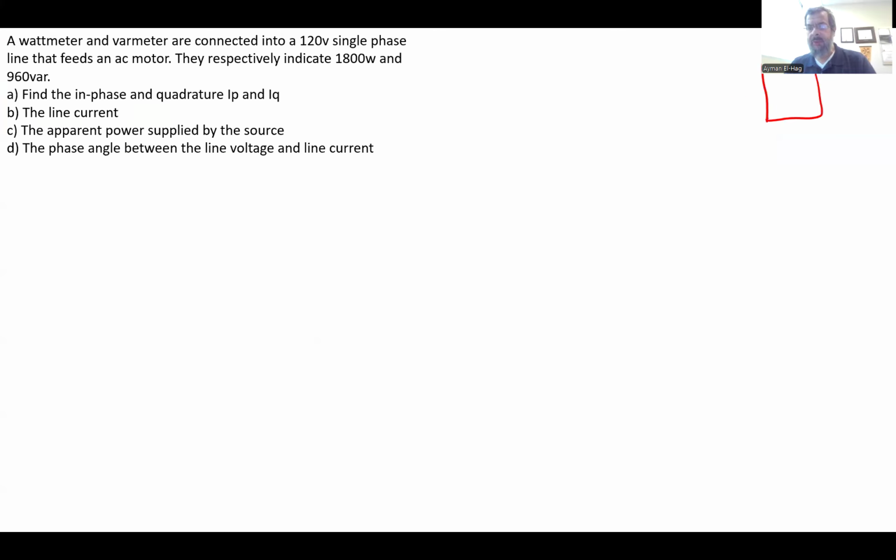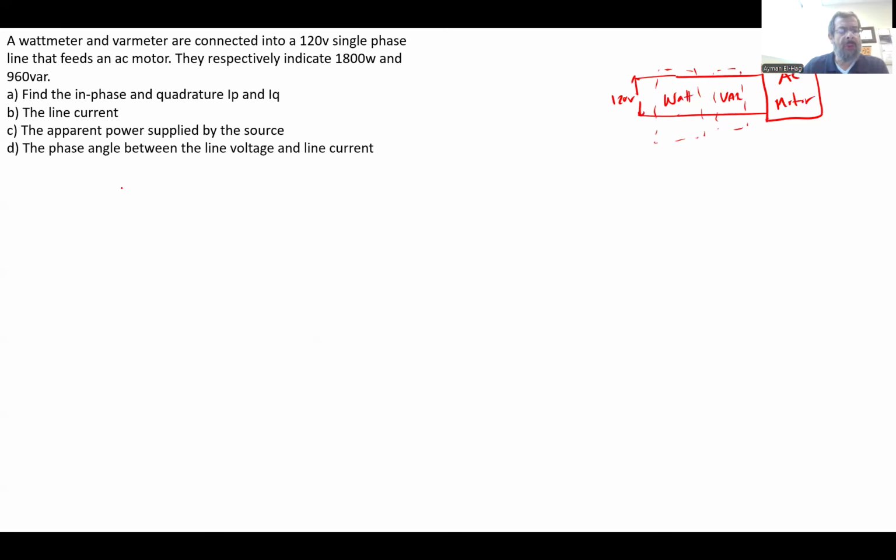So this is the AC motor, and it's single phase, not three phase. You're measuring the var and the watt, both the real and the reactive power. And the voltage here is 120 volt, and you are asked to find a couple of things.